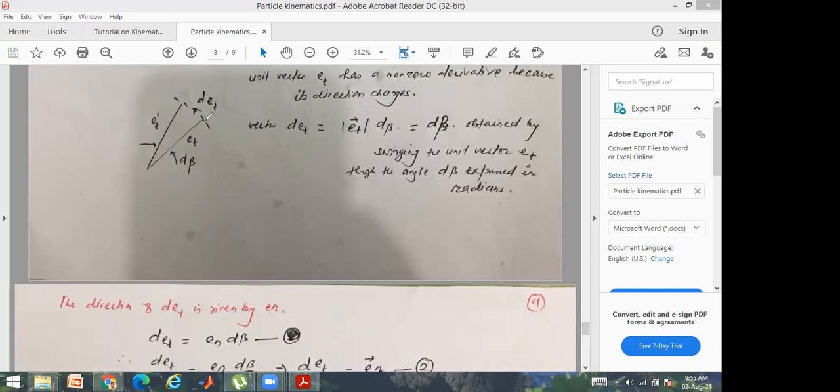So अब हेर त यो चेन्ज केमा भइराछ भने the direction of det, यो det को डाइरेक्सन चाहिँ के दिइराछ भन्दाखेरिमा चेन्ज इन det, that is det by dβ. हेर त this det by dβ is nothing but the unit vector along the normal to the path of the particle, which will be equal to en. यो चेन्ज कतातिर आइराछ, this is coming in this way, hence det by dβ will be equal to en.